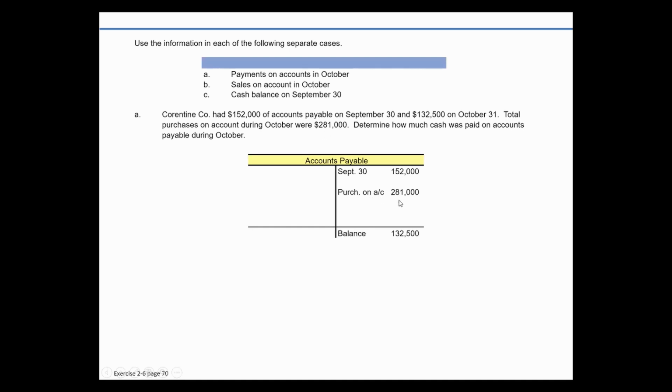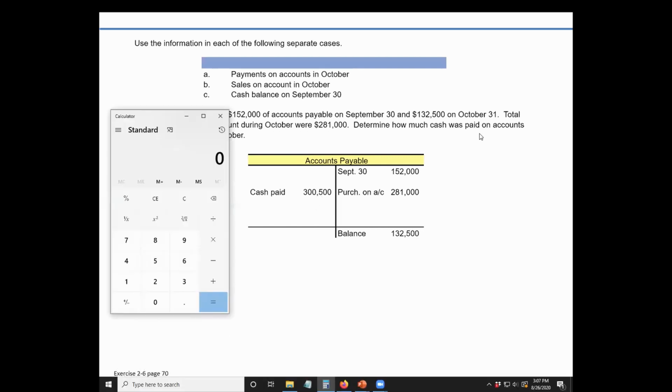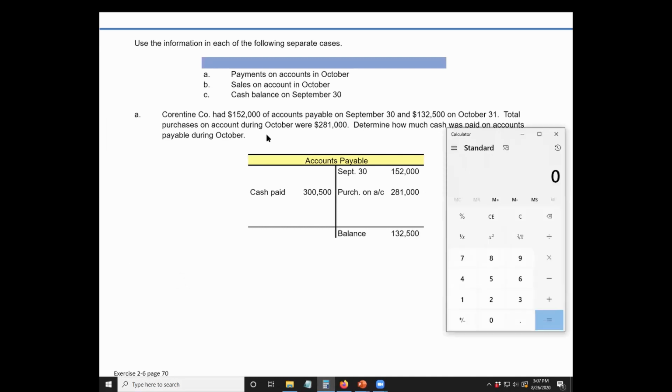month of October of $281,000. But they had at the end of the month $132,500. So then over the course of the month, they had to have paid $300,500. And let me show you that. So if we look, we know that they started out with $152,000.